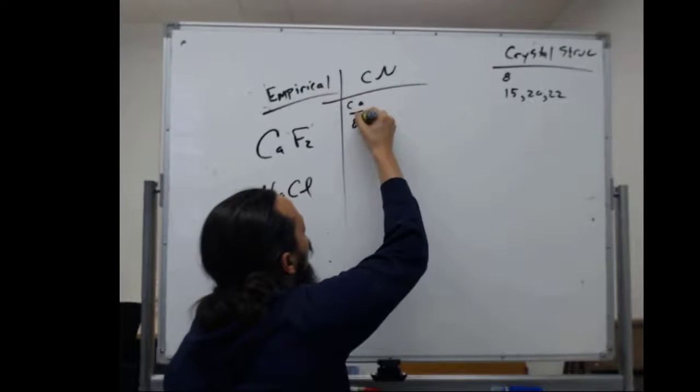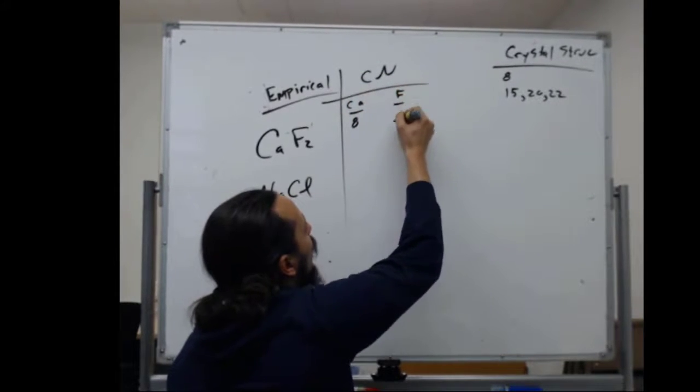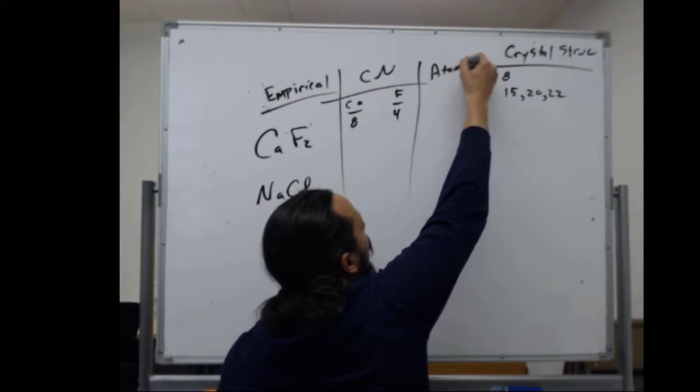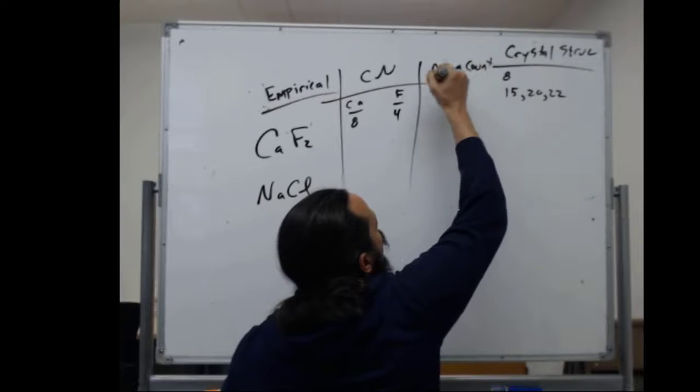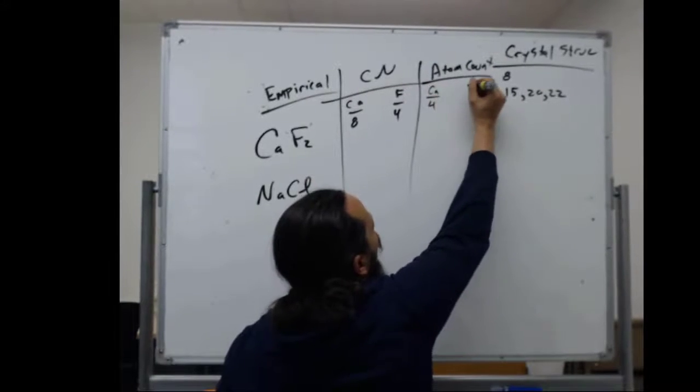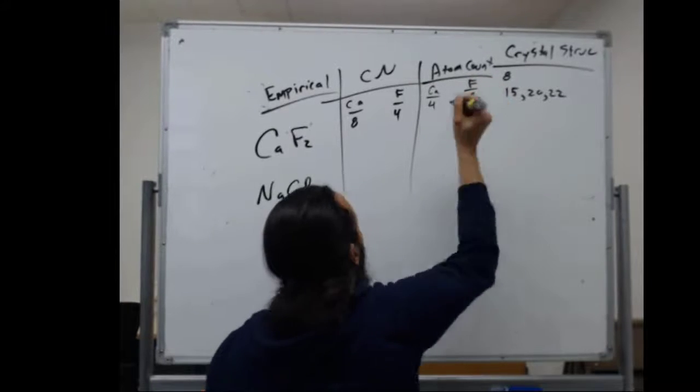Calcium has a coordination number of 8. Fluorine had a coordination number of 4. And we've got our atom count, where calcium had a count of 4, fluorine had a count of 8. It kind of flipped.